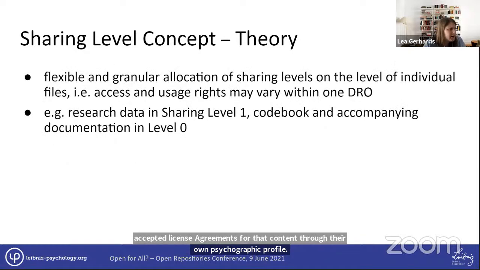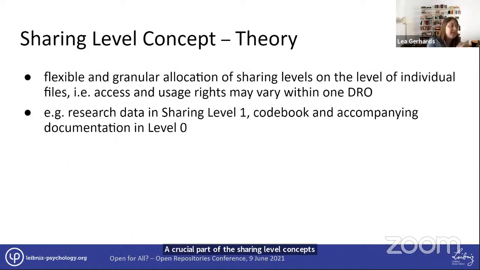A crucial part of the sharing level concept is also that access and usage rights may vary within one DRO. So Archives allows for a flexible and granular allocation of sharing levels on the level of individual files. This is a frequent use case when scientists are archiving research data.